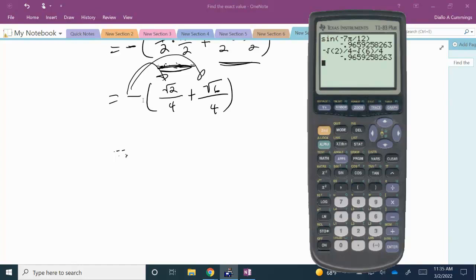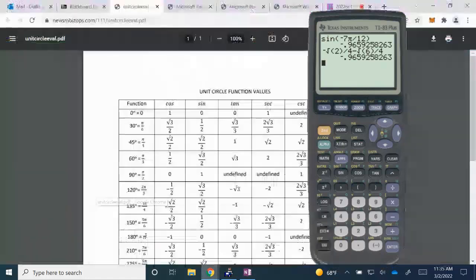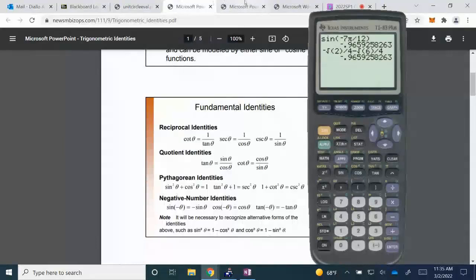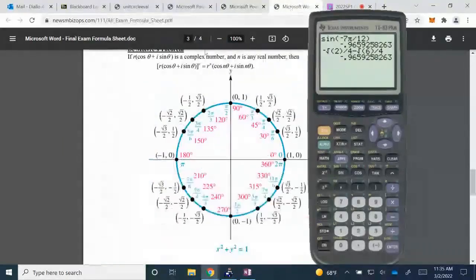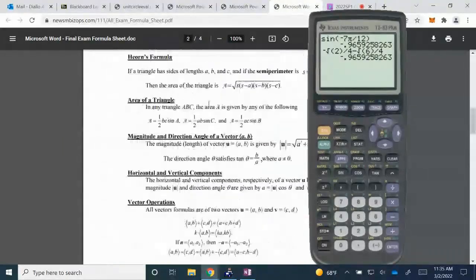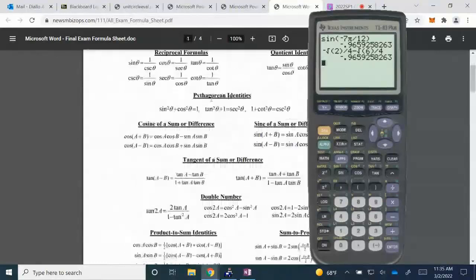All right, now we're going to take a look at the tangent. I believe we've taken a look at the sum and difference of cosine and sine.